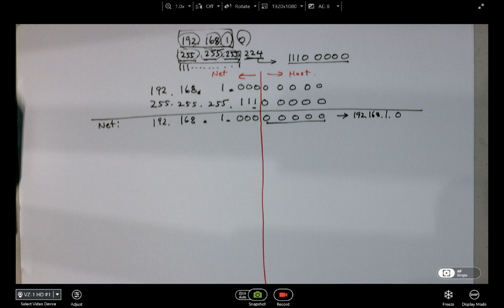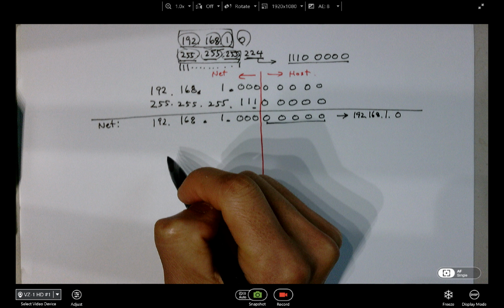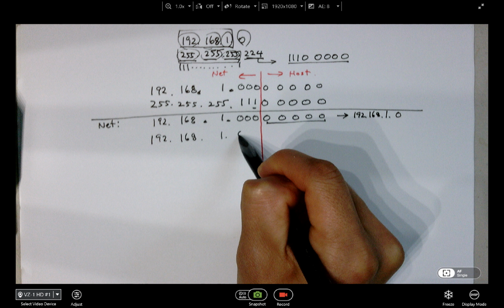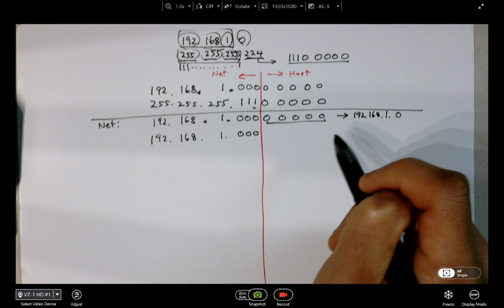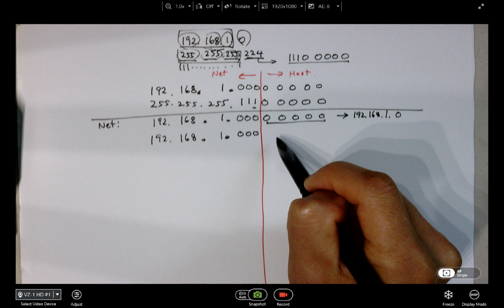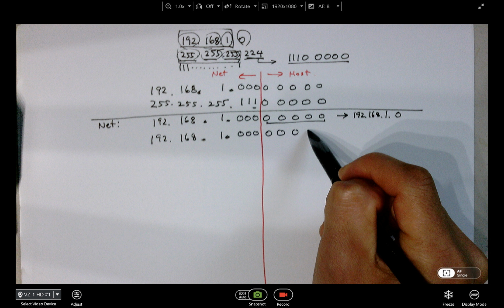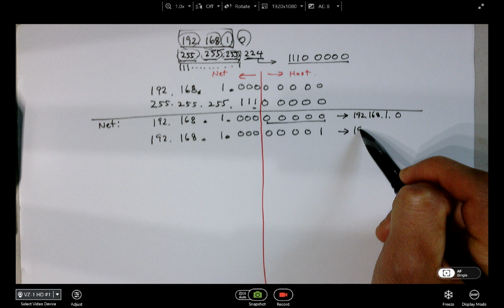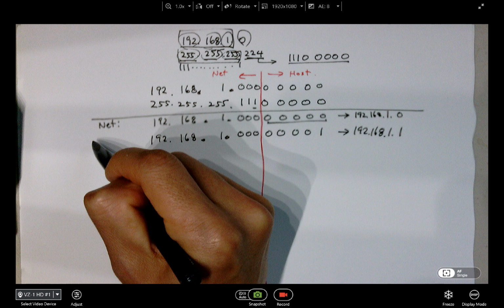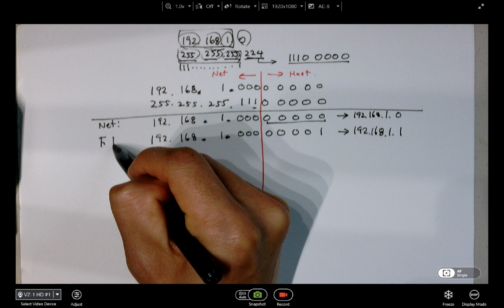And my first IP address is 192.168.1.000, then 00001, which is 192.168.1.1. So this is my first usable host IP address.